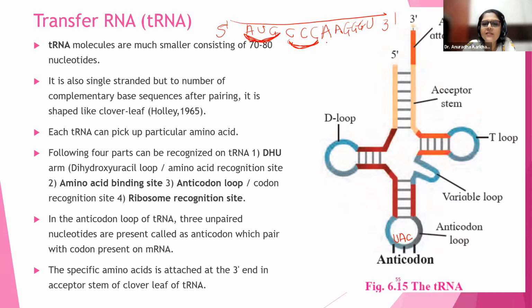If the codon is AAG, come on tell me what will be the anticodon. Very good.